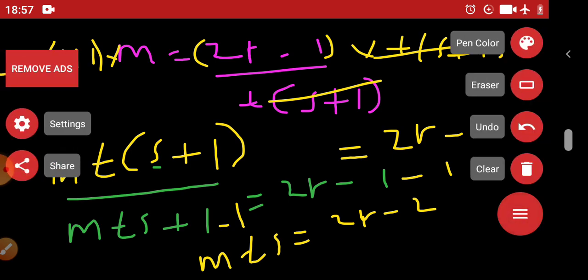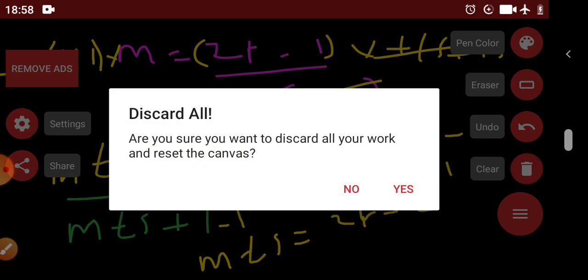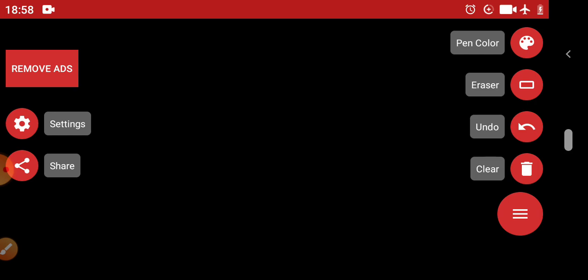Now we have mts is equal to 2r minus 2. Remember we are making s the subject of the formula.